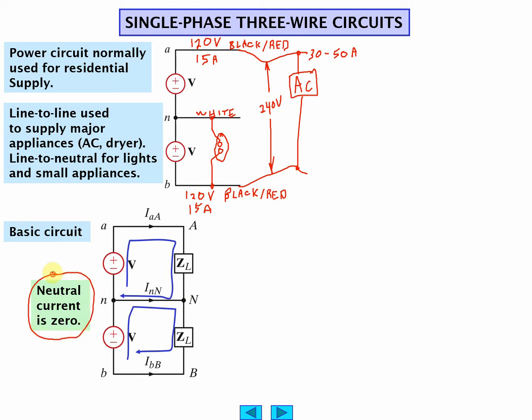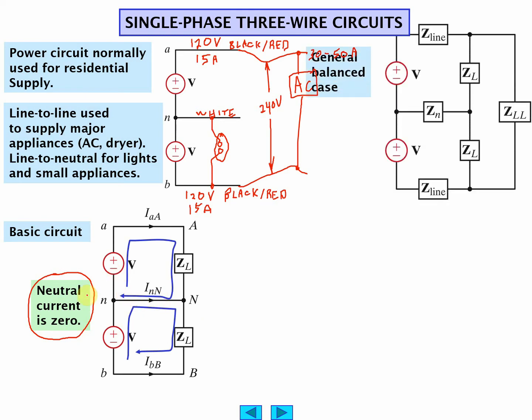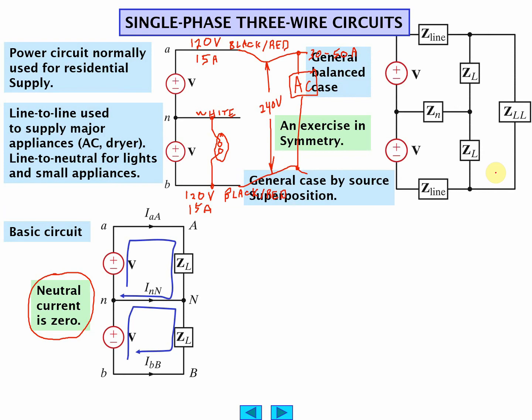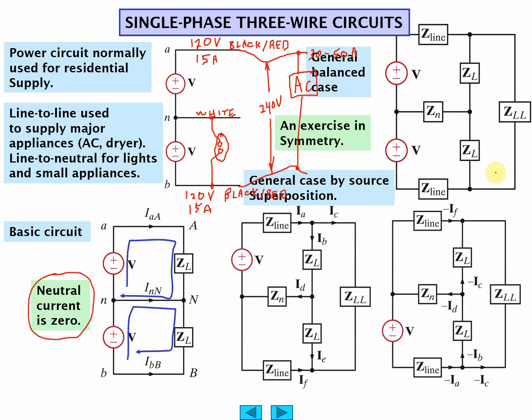If the drain on both halves is equal, then the neutral current is 0. A more complete model of what's going on. So we'd solve this by superposition. The technique of superposition.